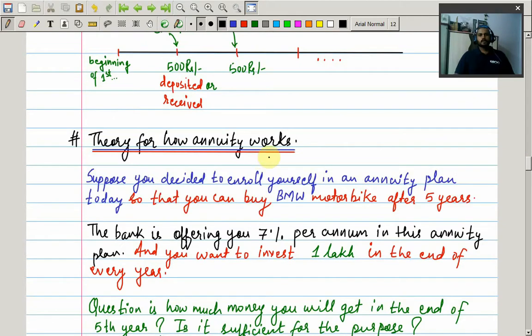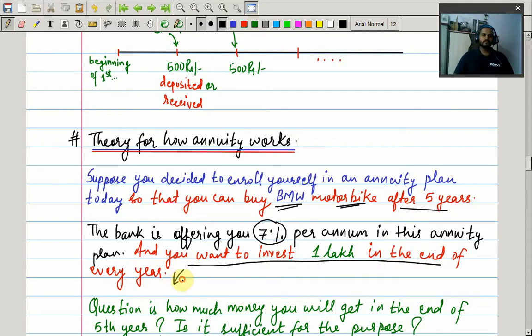Theory for how an annuity works. Suppose you decided to enroll yourself in an annuity plan today so that you can buy a BMW motorbike after 5 years. The bank is offering you 7% per annum in some annuity plan, and you want to invest 1 lakh at the end of every year.